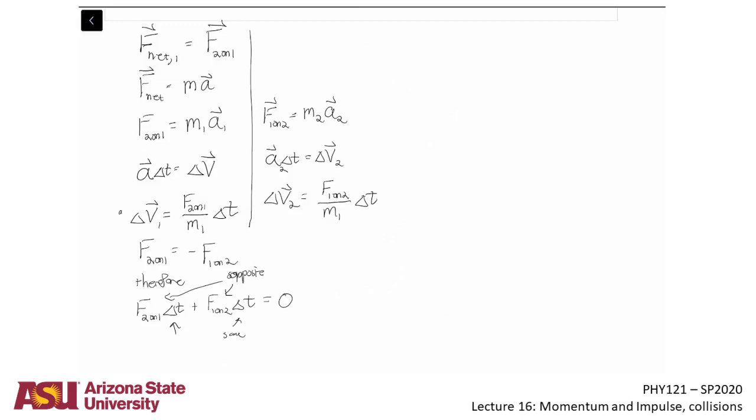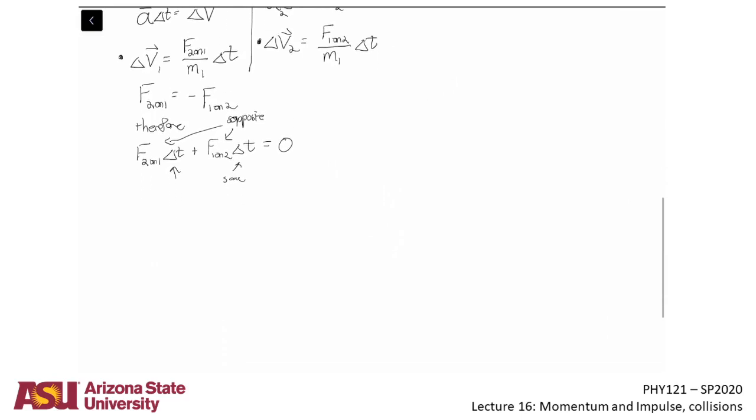So what does that mean for these two equations here? If I multiply both sides of the left equation, I get m1 delta v1 is equal to F2 on 1 delta t. On this side, m2 delta v2 is equal to F1 on 2 delta t. So these values plug into this equation.